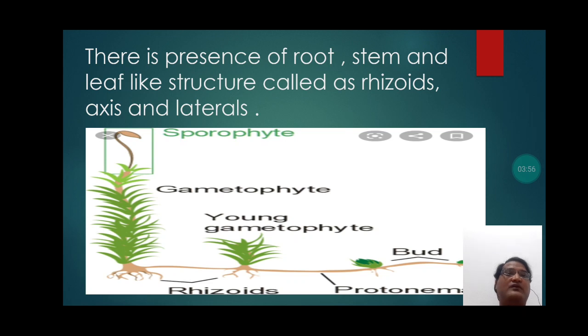There is the presence of root, stem and leaf-like structures called rhizoids, axis and laterals.